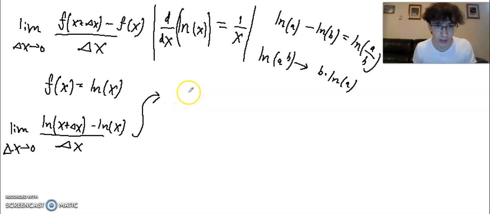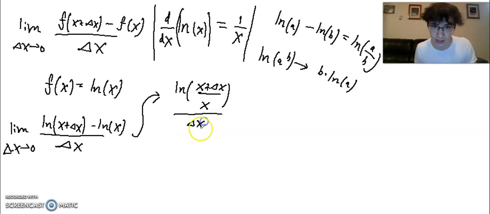What we can do is a minus b is a over b in ln. Well, if we have x plus delta x as a and x as b, then we can rewrite this as ln of x plus delta x over x, all over delta x.